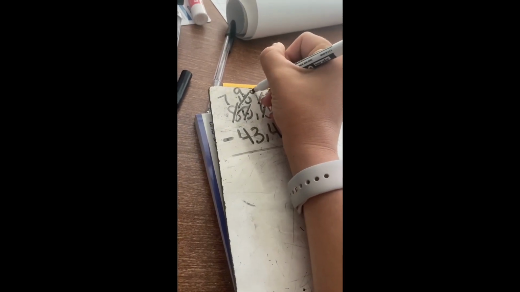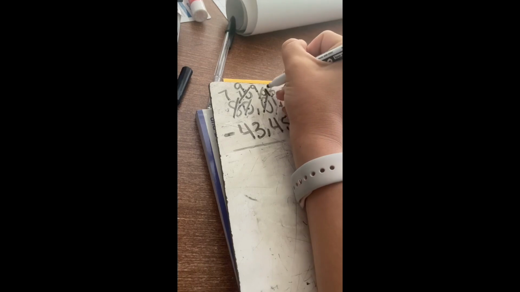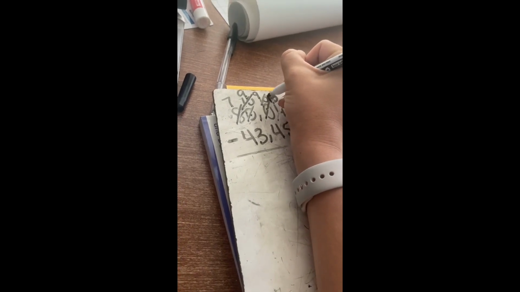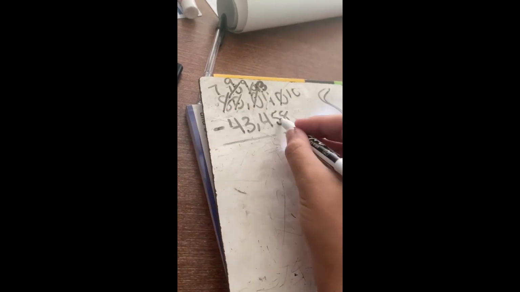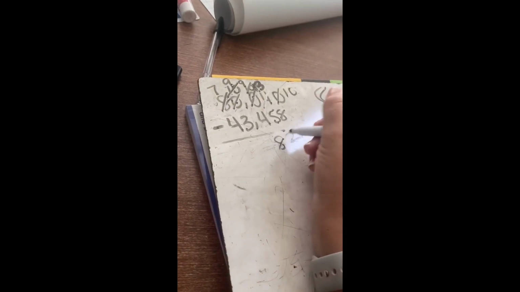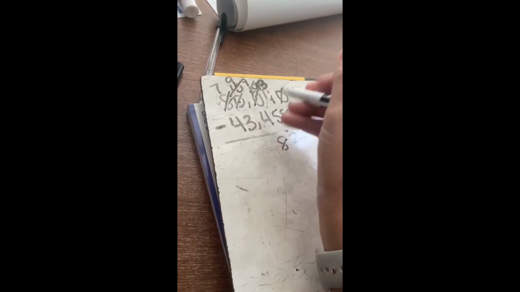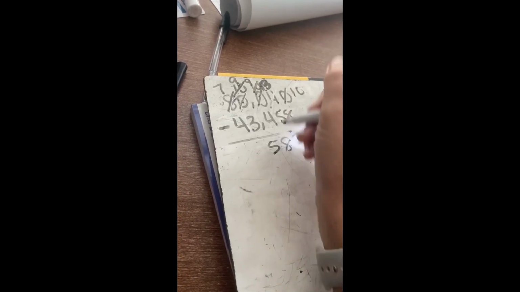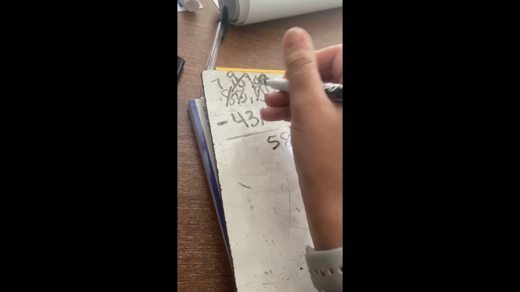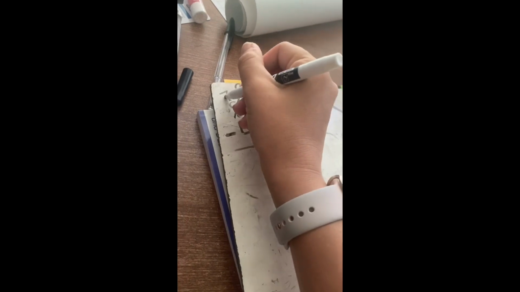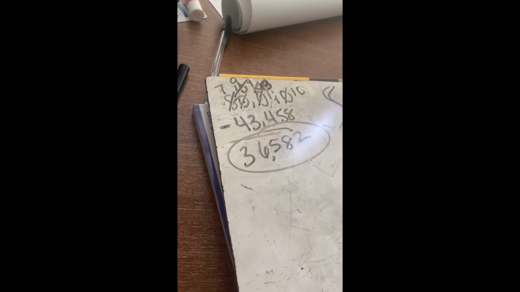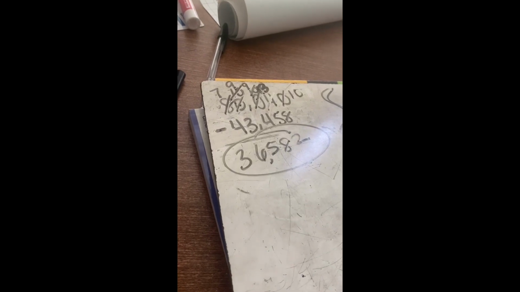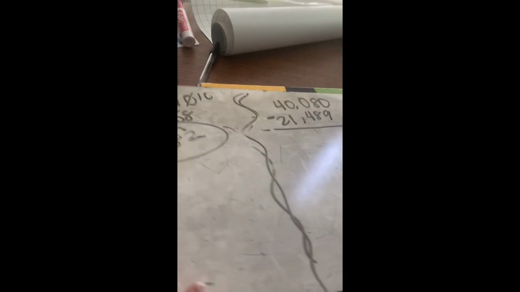They give me 100, and that is 10 tens, and 10 tens plus 3 tens is 13 tens, minus 5 tens is 8 tens. 9 minus 4 is 5. 9 minus 3 is 6. 7 minus 4 is 3. 36,582 would be your answer for the first problem.